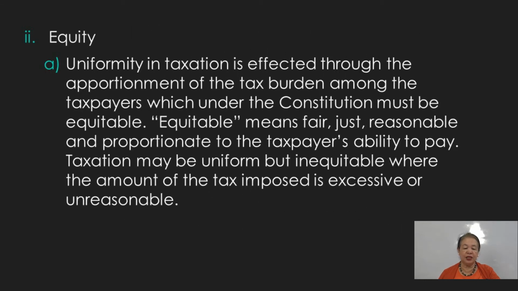Equity: uniformity in taxation is effected through the apportionment of the tax burden among the taxpayers, which under the Constitution must be equitable. Equitable means fair, just, reasonable, and proportionate to the taxpayer's ability to pay. So, yung equitable. Taxation may be uniform but inequitable where the amount of the tax imposed is excessive or unreasonable.